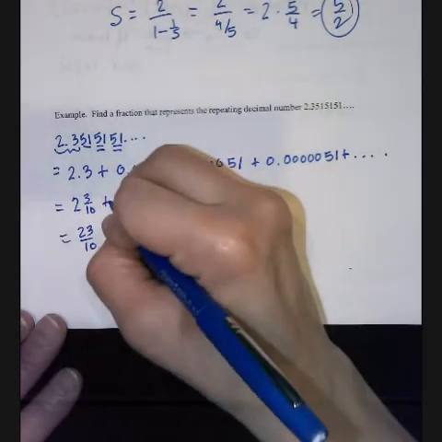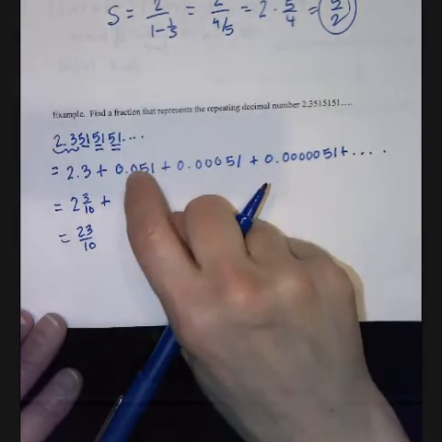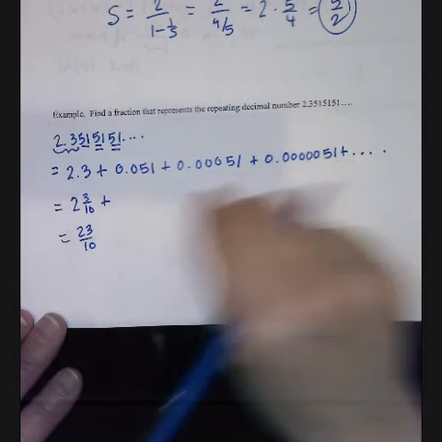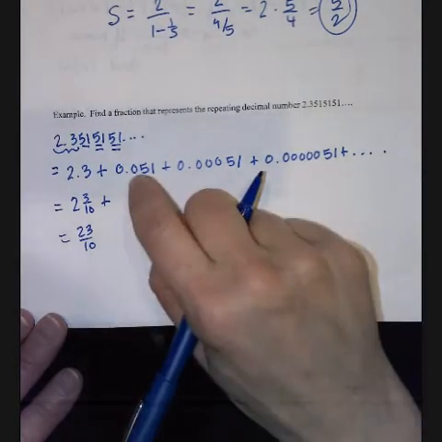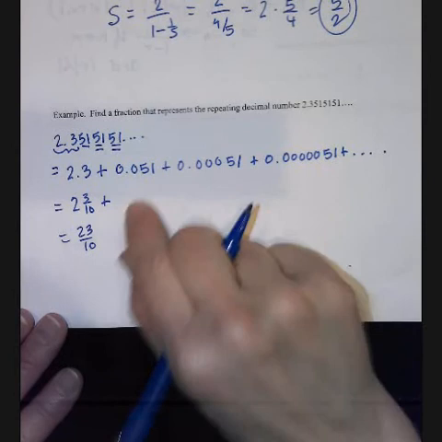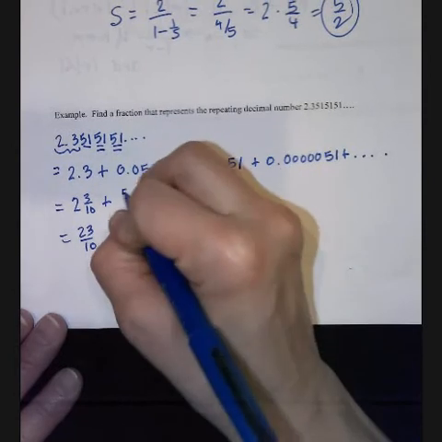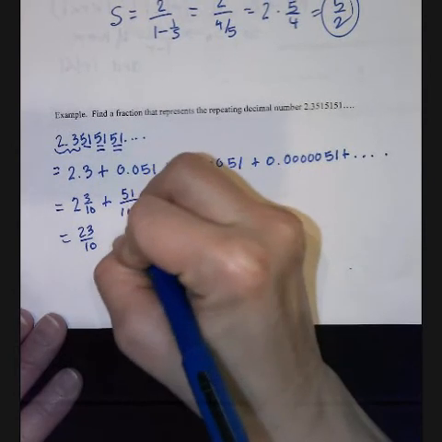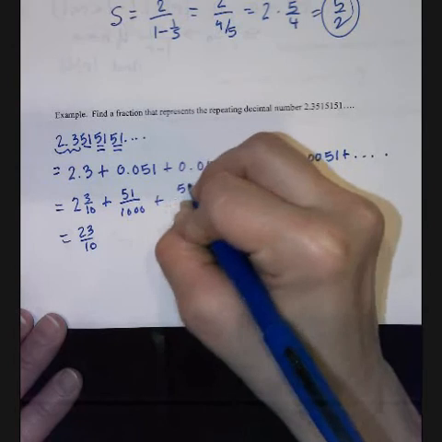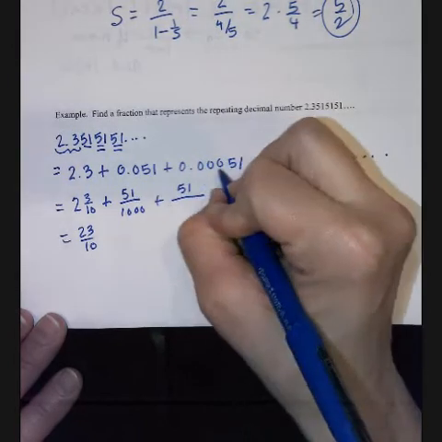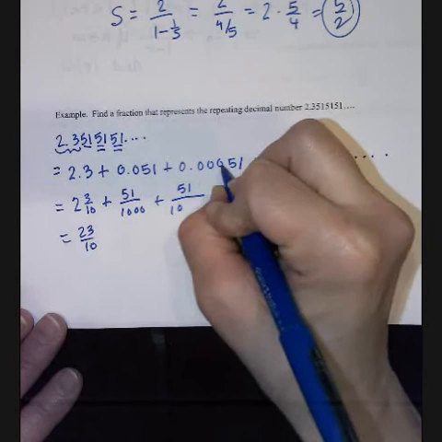So now the rest of these are easy to also express as a fraction because they don't repeat. This is 51 over 1,000. This is 51 over, so 1, 2, 5 zeros.